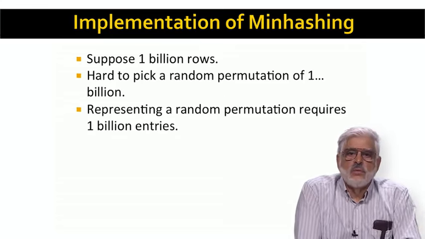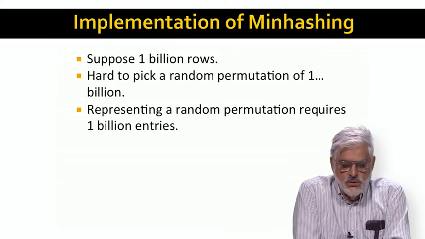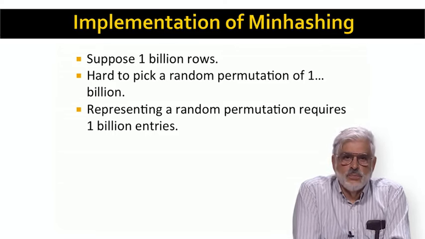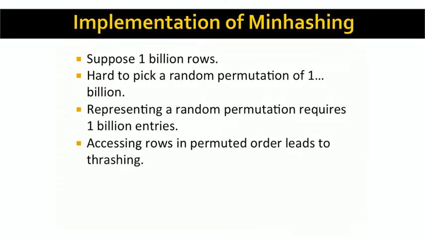And representing a random permutation of 1 billion items takes at least 4 gigabytes of space. If we have, say, 100 random permutations, then that's 4/10 of a terabyte just to store the permutations. And if you try to access the rows of the matrix according to the order of one of these permutations, then you'll have to do many disk accesses to get each row, and that's incredibly time-consuming.